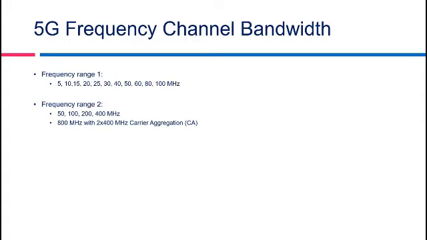Within FR1, 3GPP has defined that channel bandwidth can start from 5 MHz and go up to a maximum of 100 MHz.